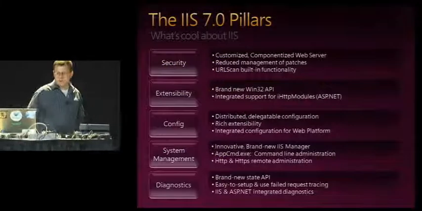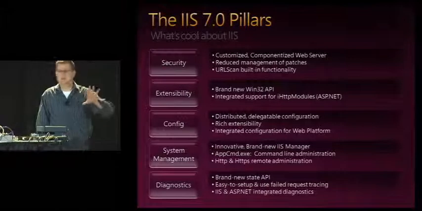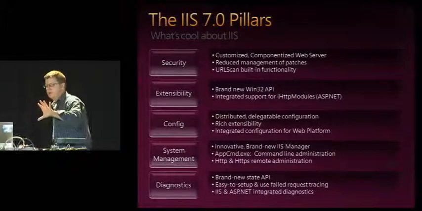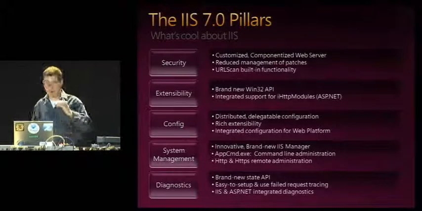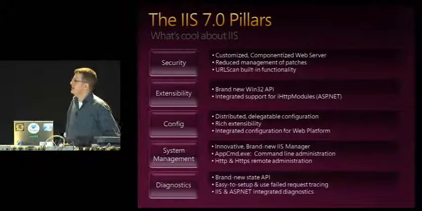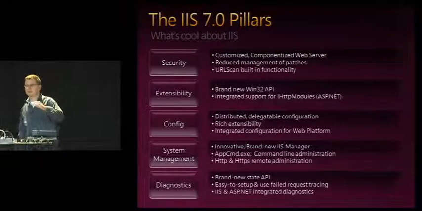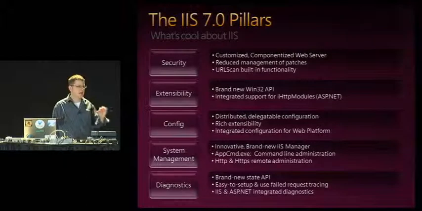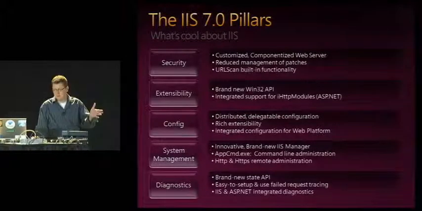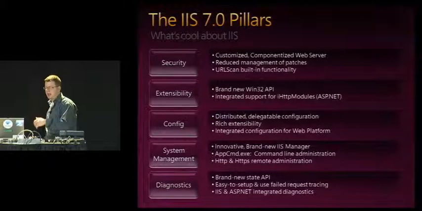So just to quickly review what we've talked about around IIS 7, I just thought I'd pull up the pillars. And the pillars are the things that the IIS team were thinking about when they built IIS 7. And these are a lot of the things that we've talked about today. We talked about security, about having that modular architecture and being able to configure exactly the functionality that you need on the server. We talked about extensibility, the ability to now add functionality using managed code to both the pipeline as well as IIS Manager.